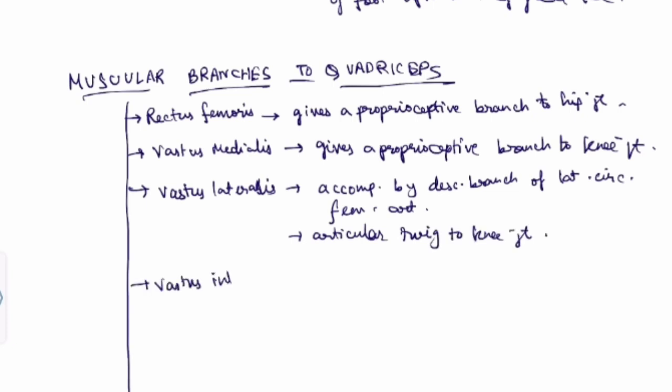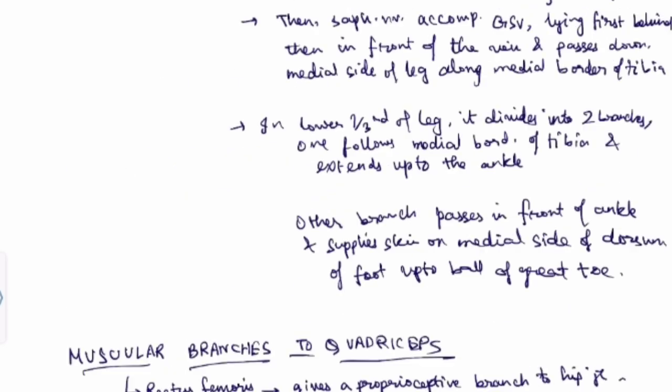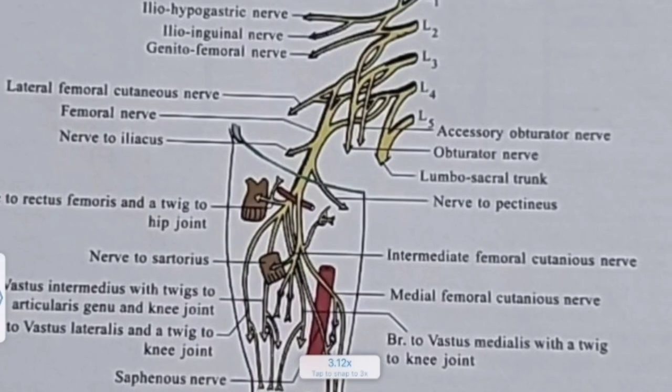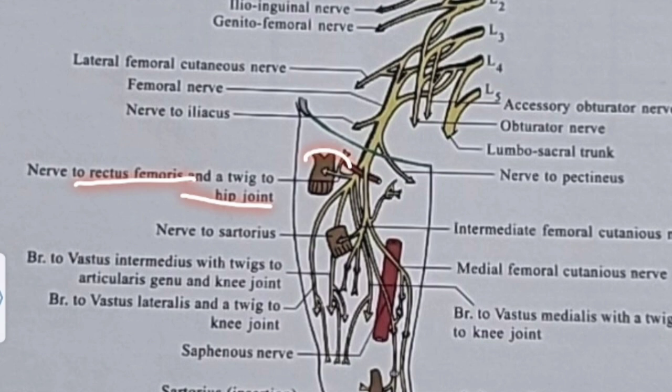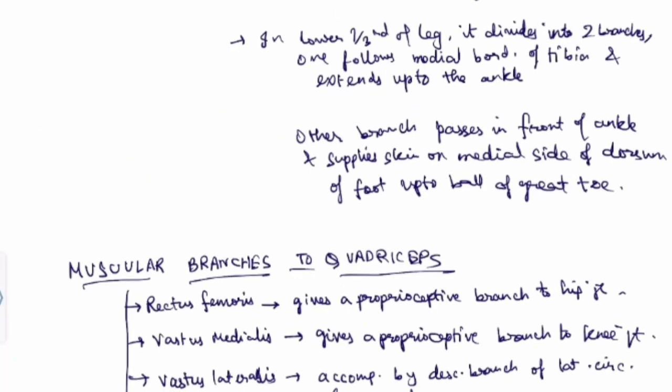Nerve to vastus intermedius also supplies the articularis genu muscle, two small muscles, and gives articular branches to the knee joint. In this photo, I can see the rectus femoris being supplied. The other vasti are not shown here. So this is all about the discussion on the femoral nerve.